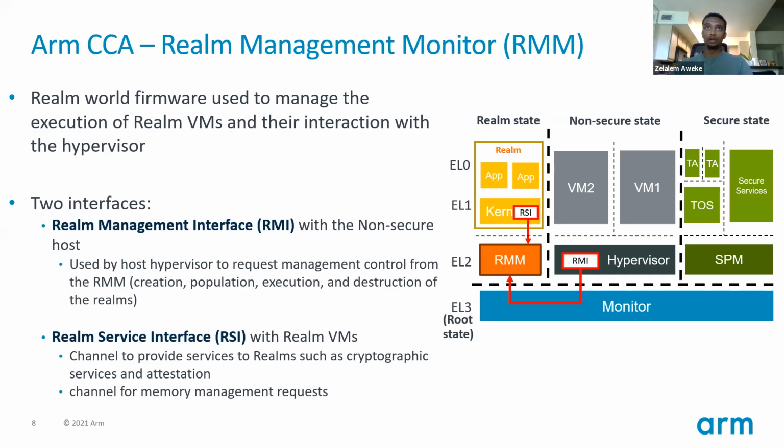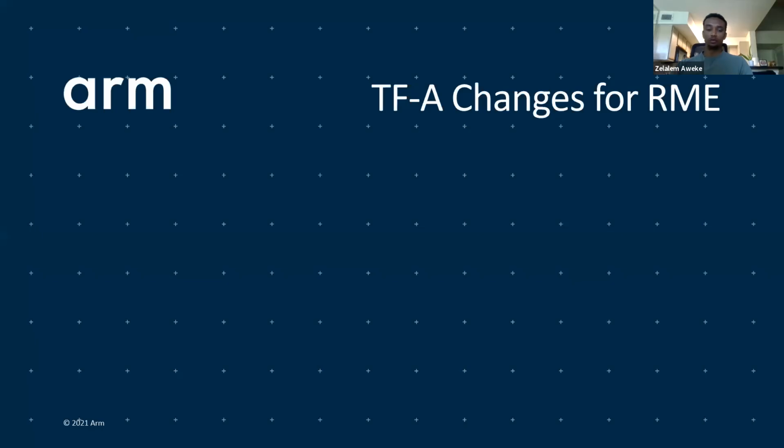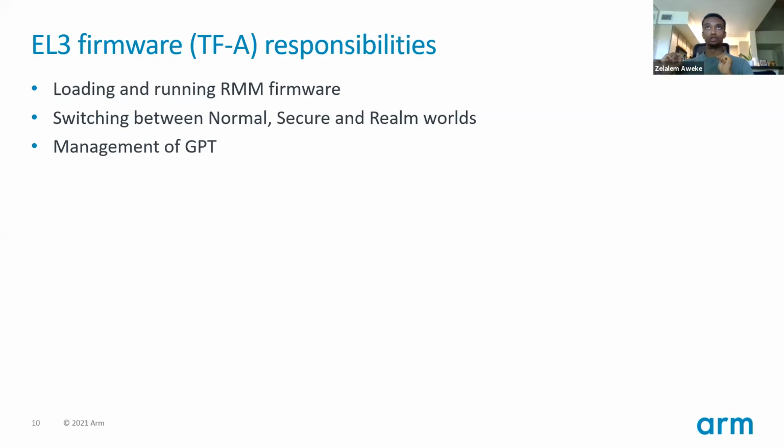Okay. So this is a very quick introduction to the CCA architecture and RME. Now I'll just talk about what we have in TF-A to support the RME extension. The EL3 firmware has some responsibilities.